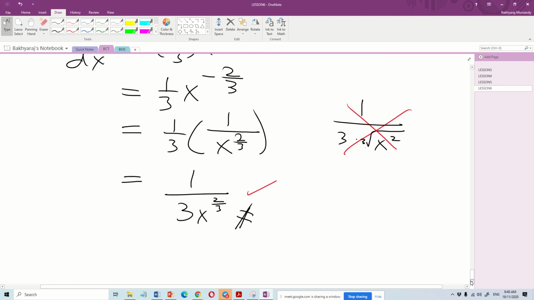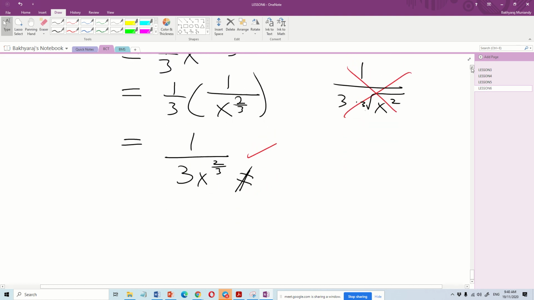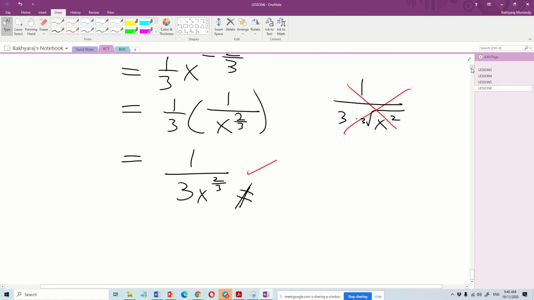Okay, tak ada. Okay, so I give you one more. Okay, number 3. Y equal punca x power of 3.